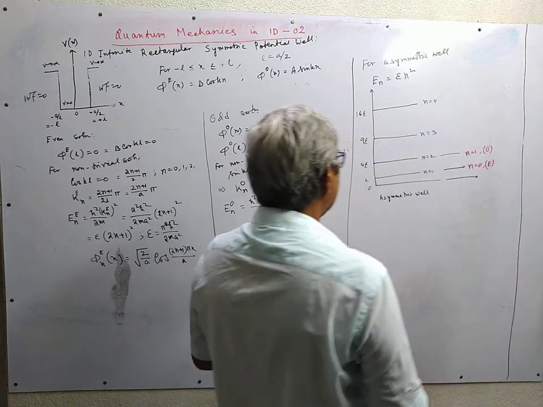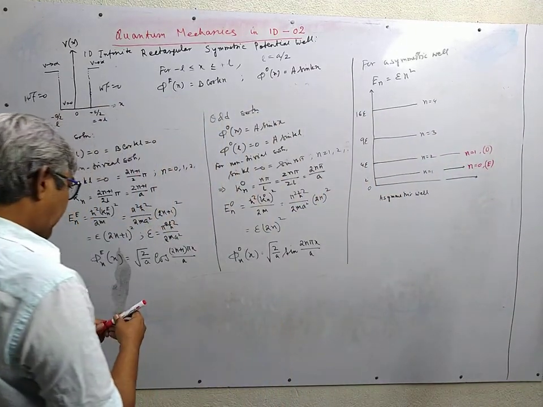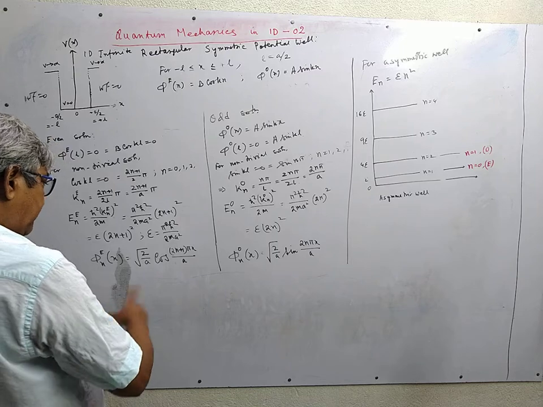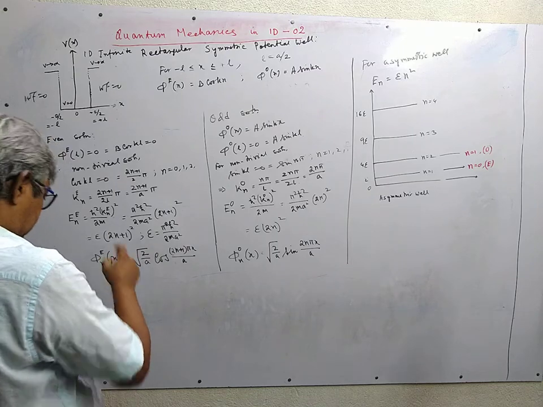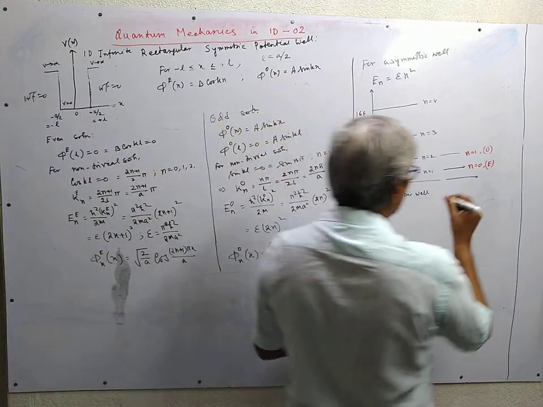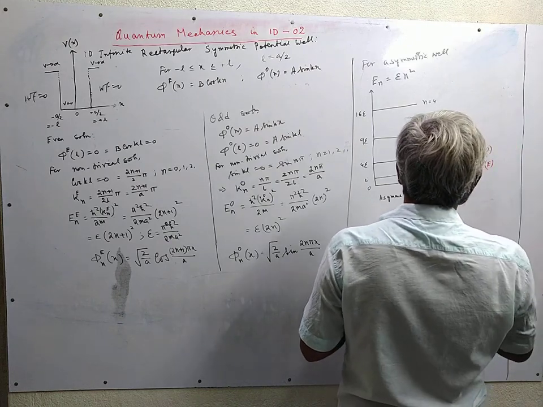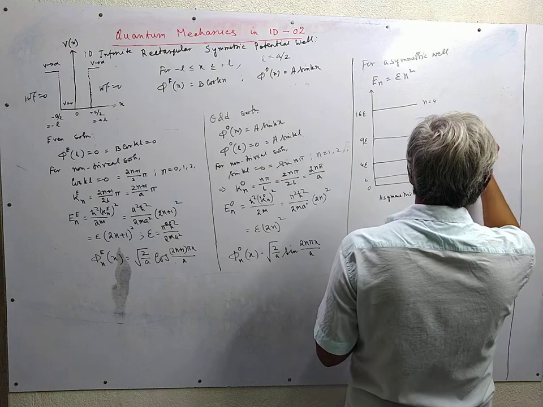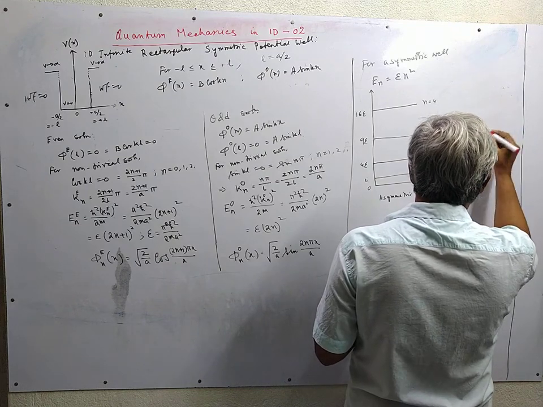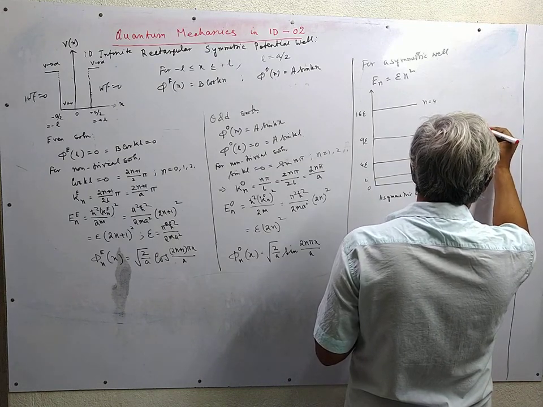Then we come to 9 epsilon. If we put n is equal to 1, this is n is equal to 1 with even state.